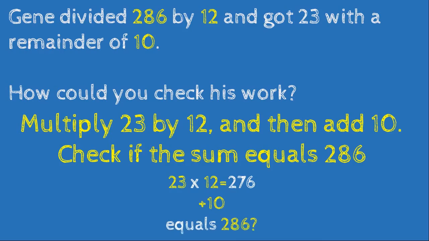So we do that. 23 times 12 is 276. We add 10, and does that equal 286? Yes, it does. 276 plus 10 is 286, which is our original number. Gene divided 286. So that is correct.